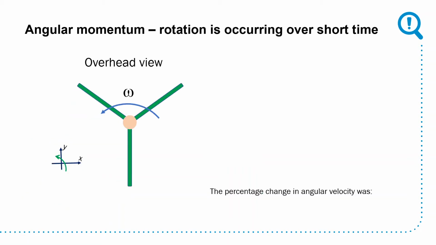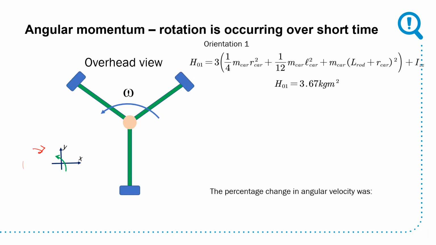So if I take that same problem and I rotate it and look down on it, I have the center axes and I have the 3 legs. And again, I've made sure to define my positive direction right here with X, Y, and the rotation. So in position A, I have this.